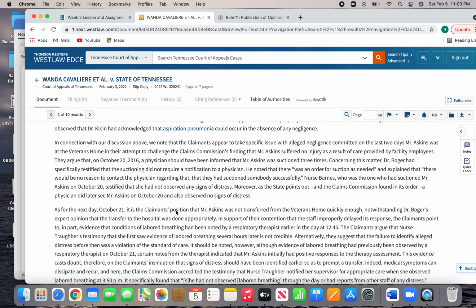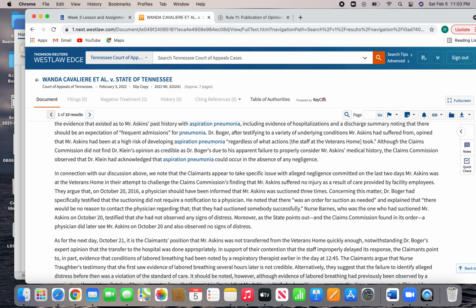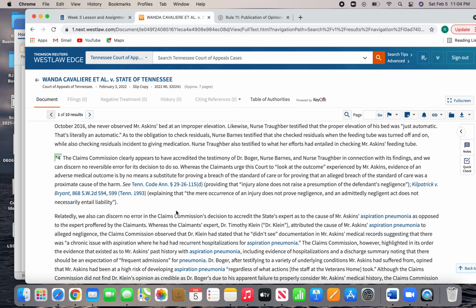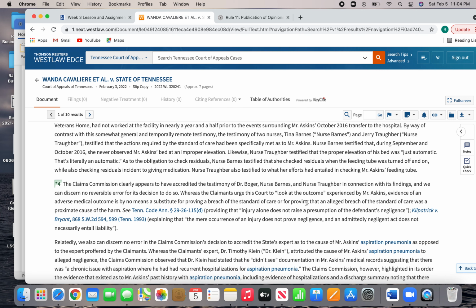Oh, and before I get down to that, this shows in the analysis where they were talking about the different testimonies of the different witnesses that were there, that the outcome, experience, and evidence of adverse medical outcomes is by no means a substitute for proving a breach of standard of care.